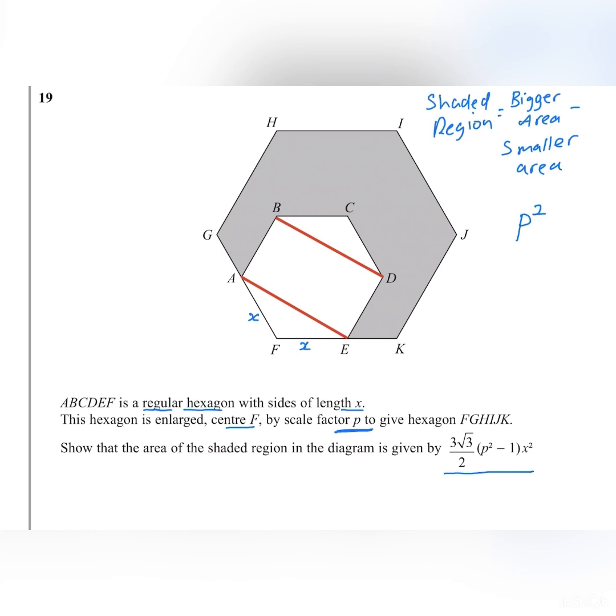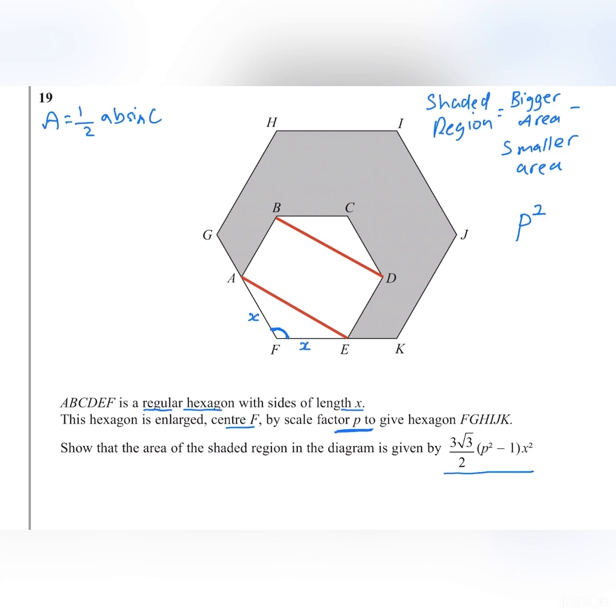From our knowledge, the area of a triangle which is not a right angle triangle is half ab sine C. That's the formula for the area of a non-right angle triangle. So we need the size of this angle F, or AFE.